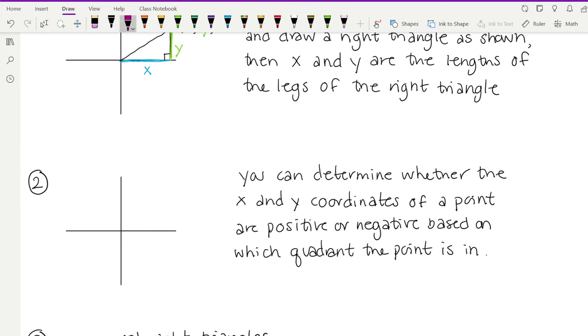So let me just label these quadrants. We talked about this the other day. This would be called quadrant 1, this is quadrant 2, this is quadrant 3, and this is quadrant 4.